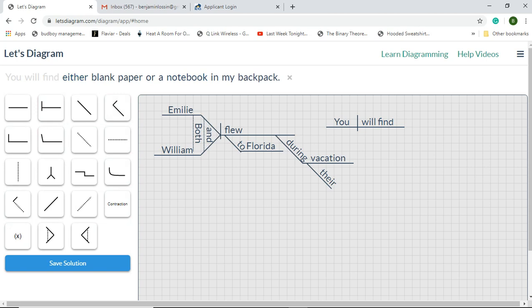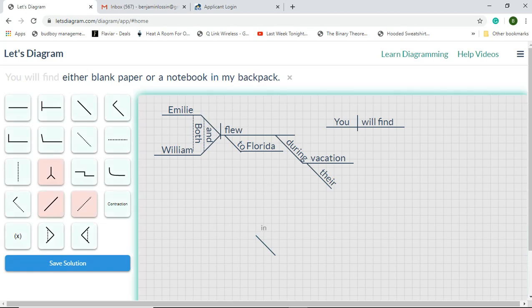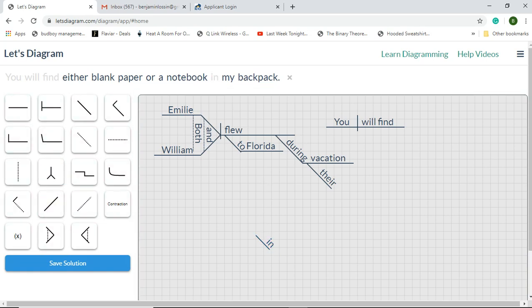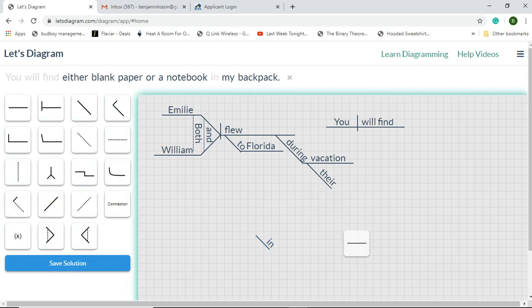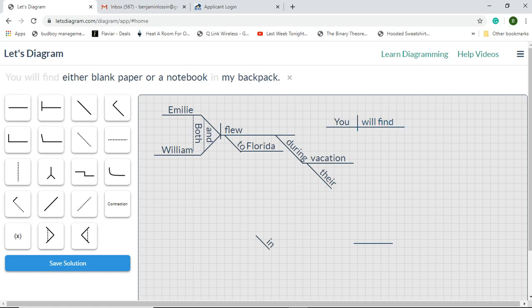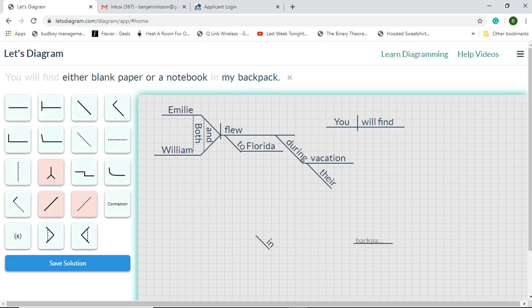And then we are going to have a prepositional phrase, which is in my backpack, just modifying will find. Okay, so backpack is the object of this preposition.